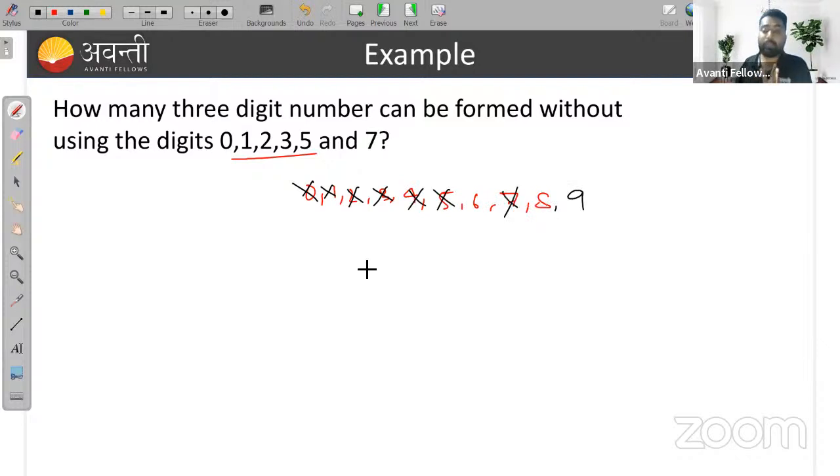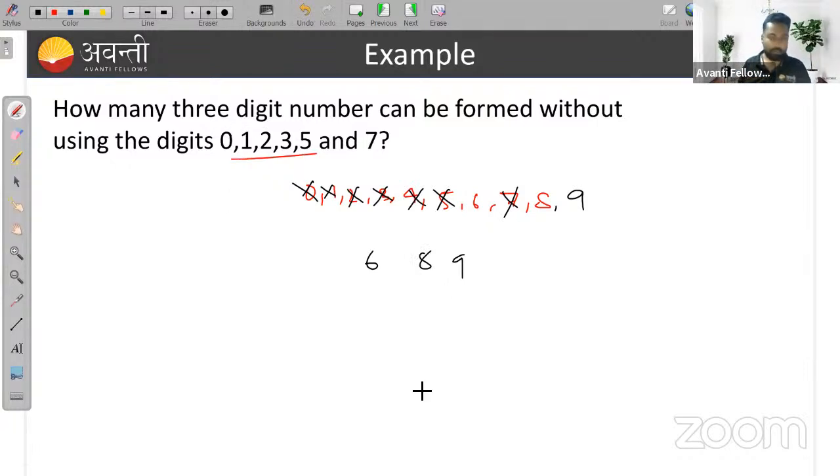So we are left with only 3 digits: 6, 8, 9. So what is the answer? How many 3-digit numbers can be formed without using these digits?